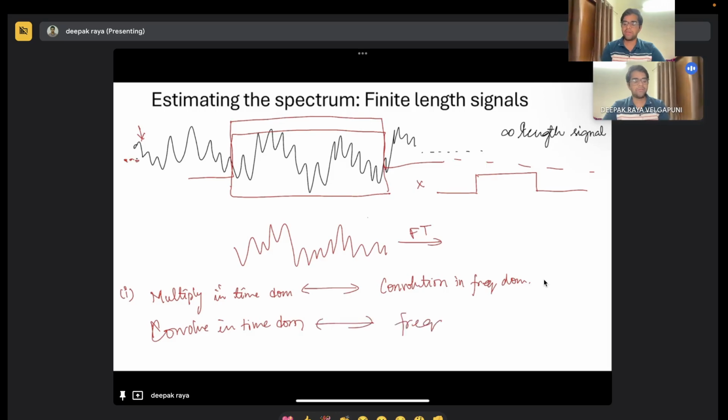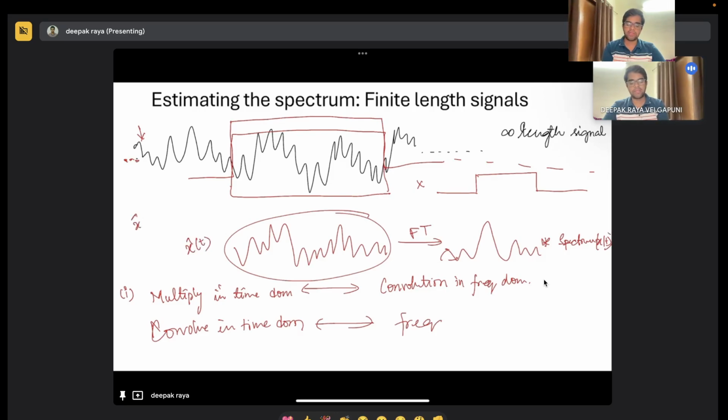Here we are multiplying with a rectangle. So in the Fourier transform you'll have the sinc function. The Fourier transform of a rectangular pulse is a sinc function, right? The sinc function is convolved with the spectrum of the actual signal x of t, and let's denote the snippet as x cap of t.